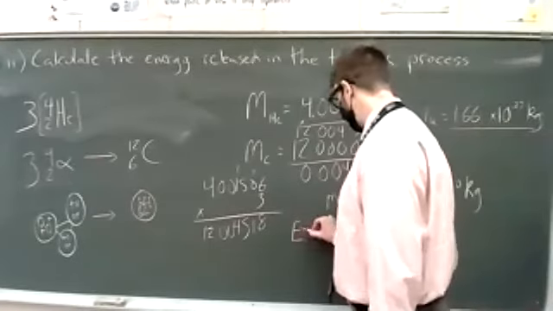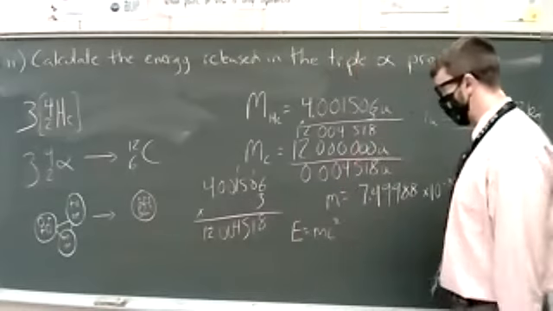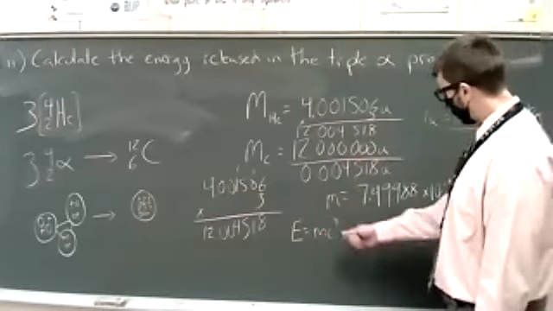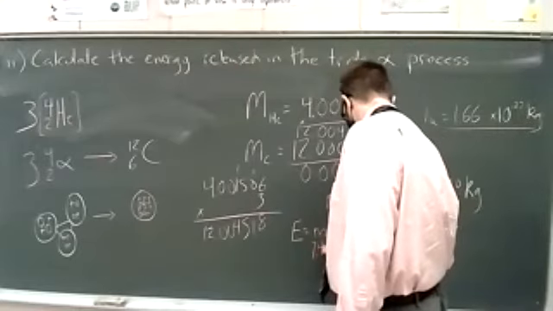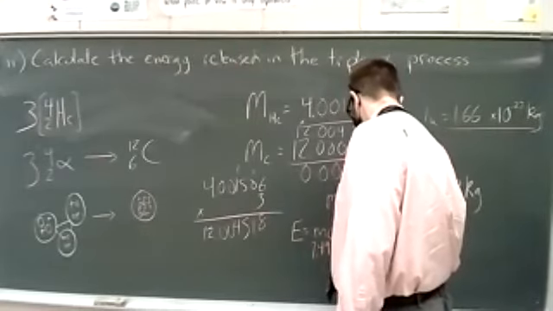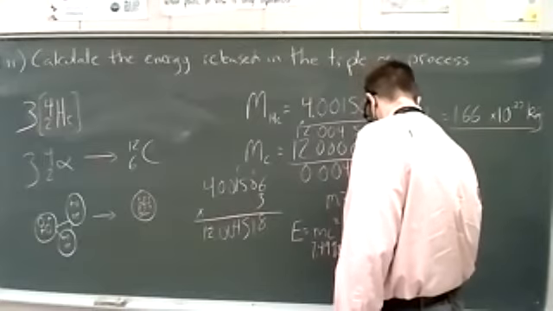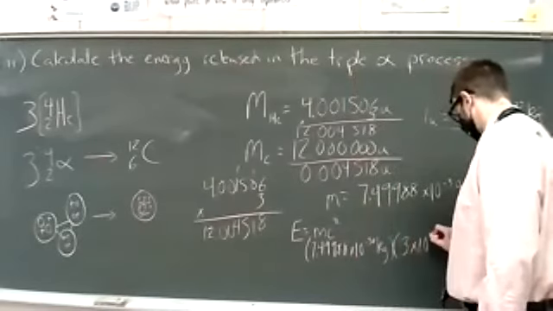It must be in kilograms if we're going to record joules of energy. Okay, so using E equals mc squared now, we've got the mass. Multiply it by the speed of light squared. So we'll do this: 7.49988 by 10 to the negative 30 kilograms times, we use the rounded value.